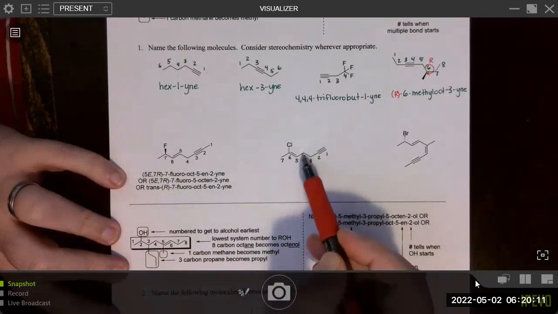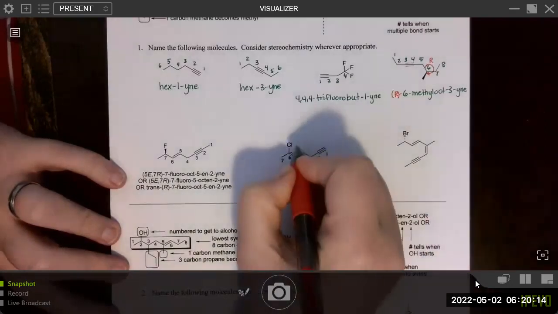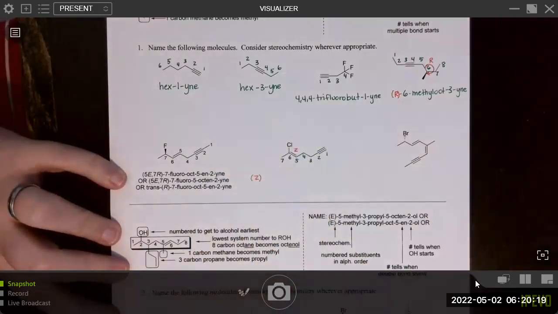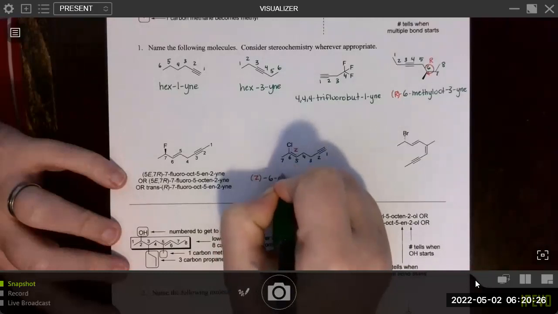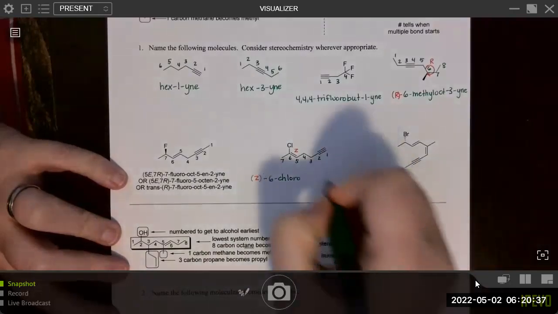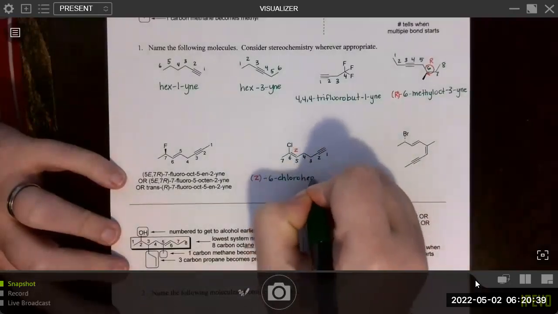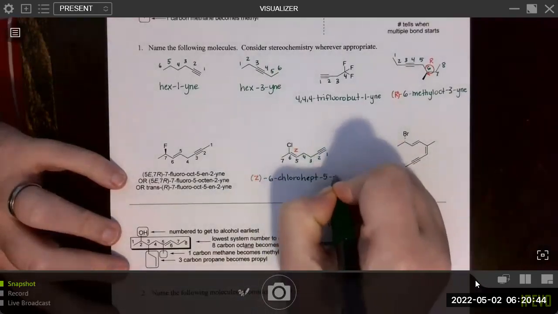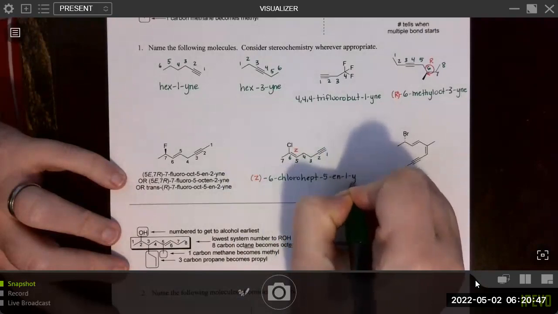In this group and hydrogen, the carbon-based group takes priority. So this is actually a Z alkene. We would want to include that information. But there is no additional chirality, so we can just start with Z. And then we want to do 6-fluoro. Now we need it to be a heptene-yne, with the appropriate locants in there. We can do hept, and then the ene, right? So this would be a 5-ene and 1-yne.